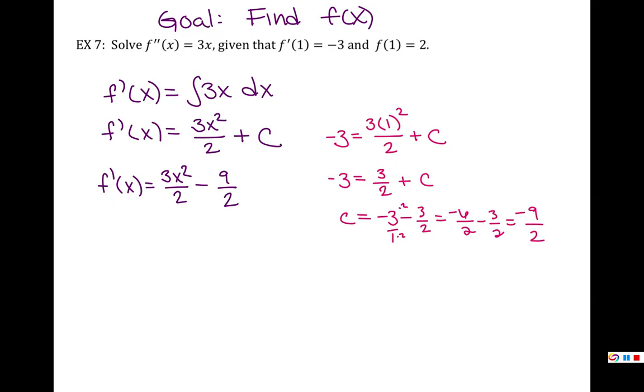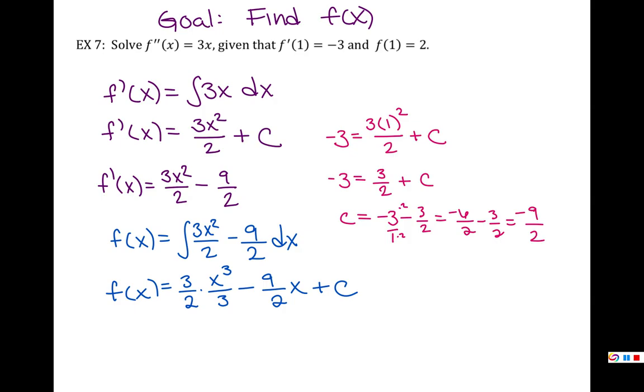So when we take the antiderivative of our second derivative, that gives us our first derivative. And so if we actually want to find the original function, we're just going to have to repeat this process. So f of x is going to be the antiderivative of 3x squared over 2 minus 9 over 2.